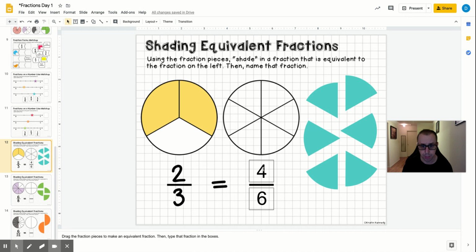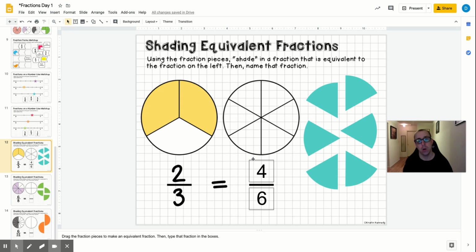Here I have the digit 4. Okay, since 2 times 2 is 4, and 3 times 2 is 6, since I did times 2 to both digits, that means that this fraction is equal. Another example, I could times it by 3. If I did 2 times 3, I have 6, and 3 times 3 is 9, so 6/9 would also be equivalent.